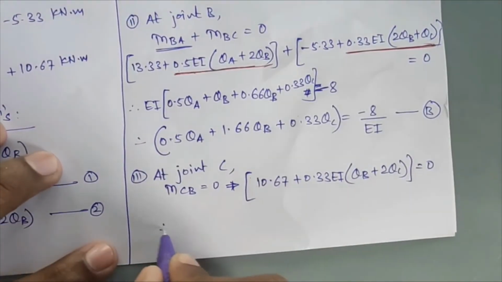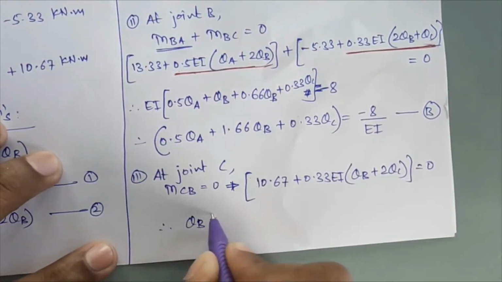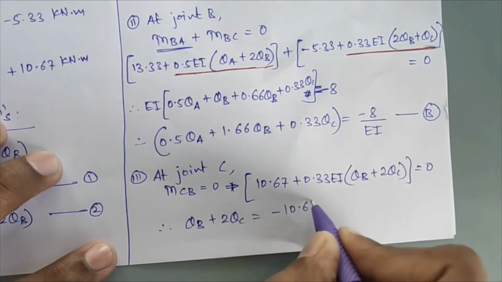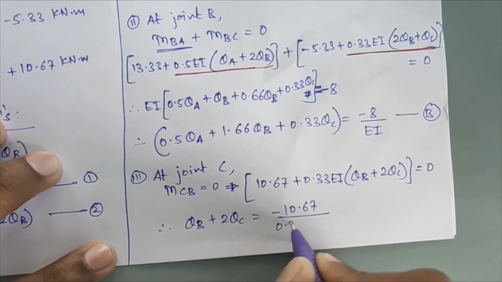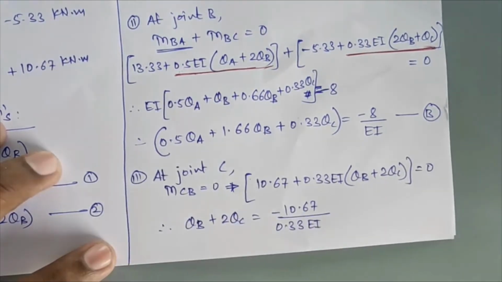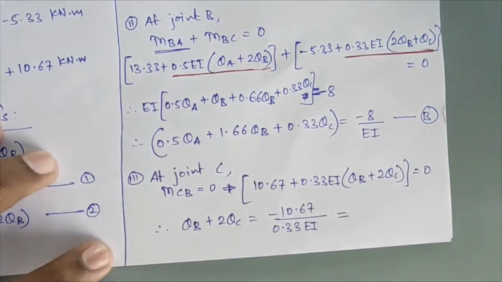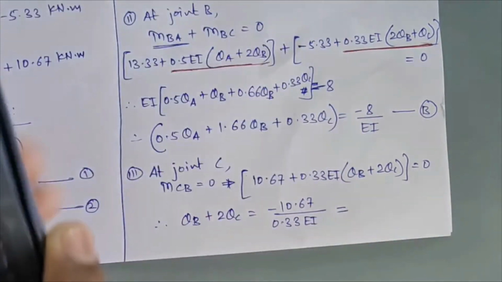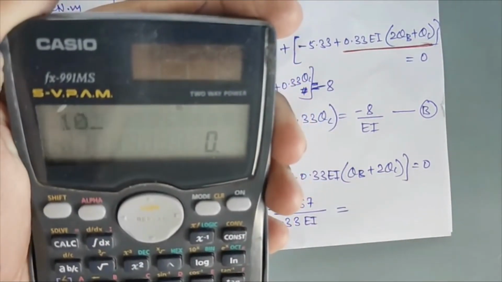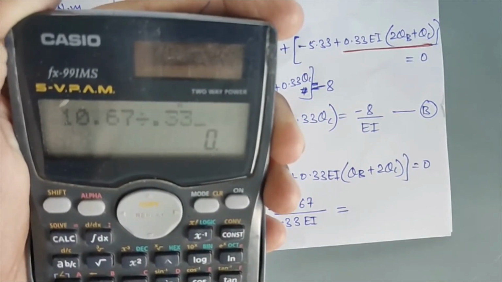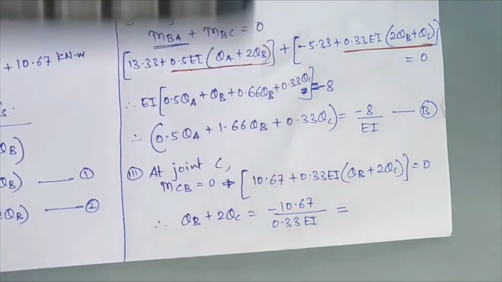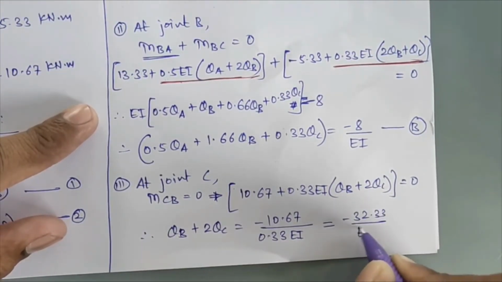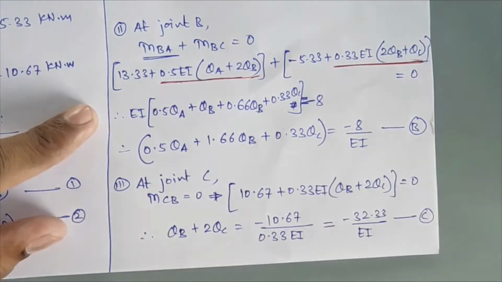If you simplify this, theta B plus 2 times theta C is equal to minus 10.67 divided by 0.33 times EI. Simplifying 10.67 divided by 0.33, I get 32.33. So minus 32.33 divided by EI is my third equilibrium equation, equation number C.